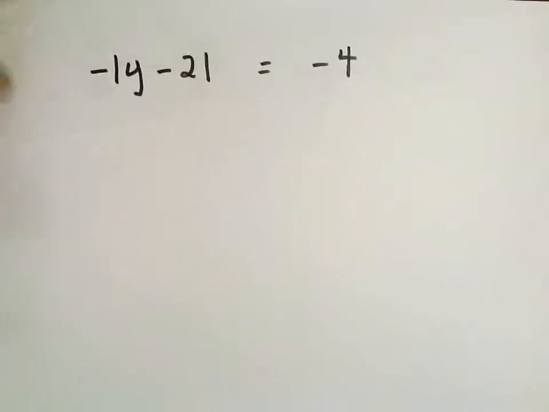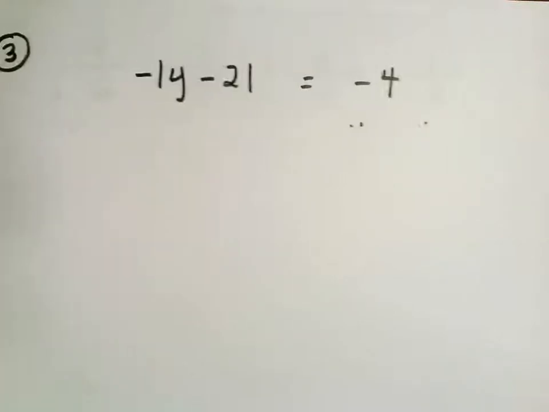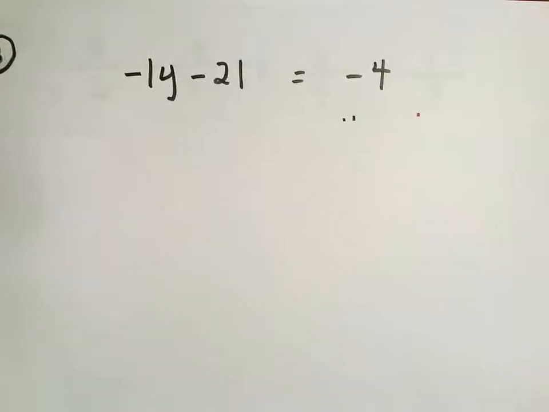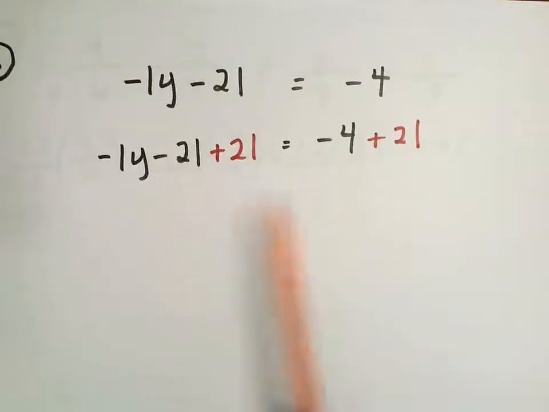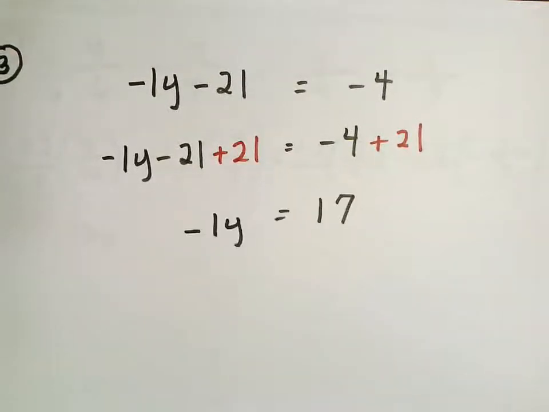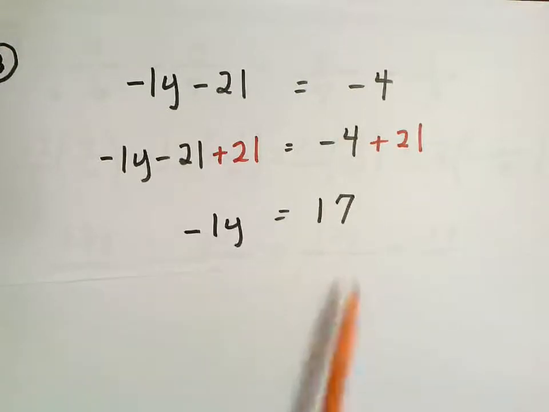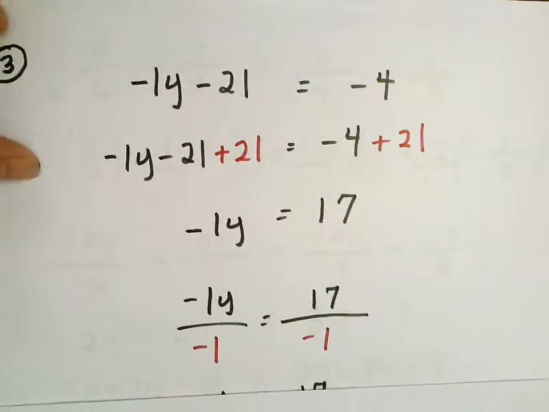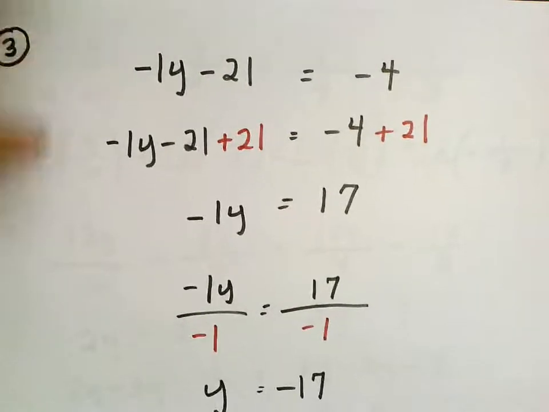So we have here negative 1y minus 21 equals negative 4. We're going to add 21 to both sides. We get negative 1y equals 17, but we want to find out what a positive 1y is. So we divide each side by negative 1, and we get that y is equal to negative 17.